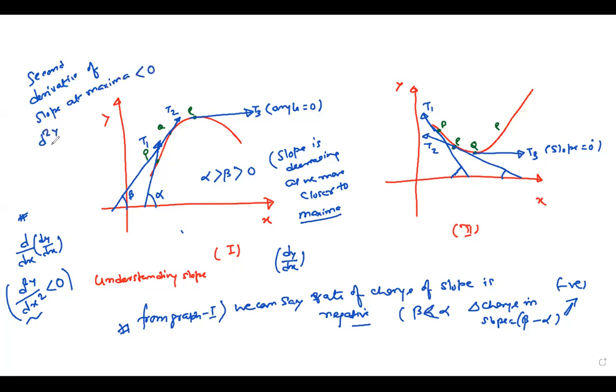Again, I'm writing d2y by dx square is negative. Any doubt? Clear?